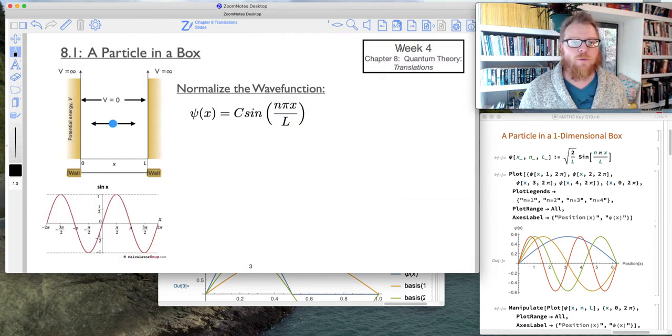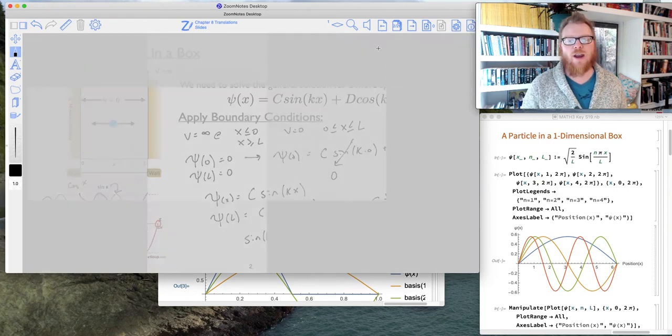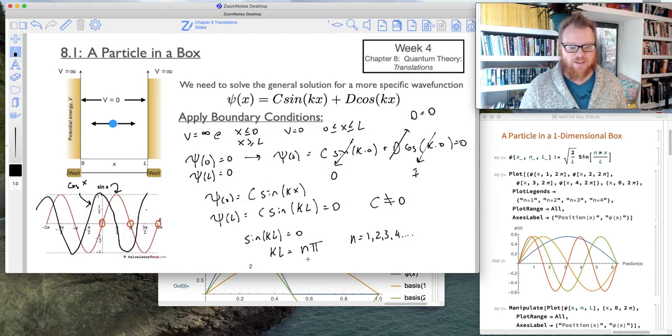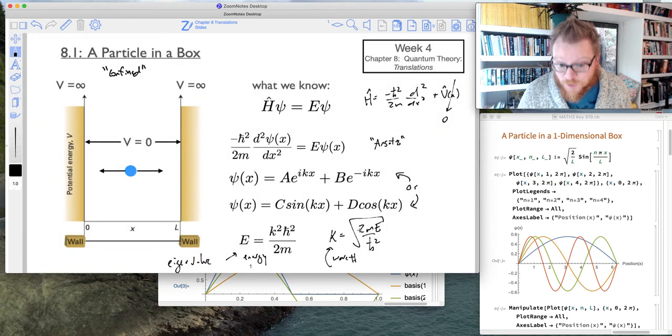So let's keep going with this. What we can finally do here is say kL has to equal n pi. If I rearrange, that means this k is going to be equal to n pi divided by L. It still also equals this; that hasn't gone away.